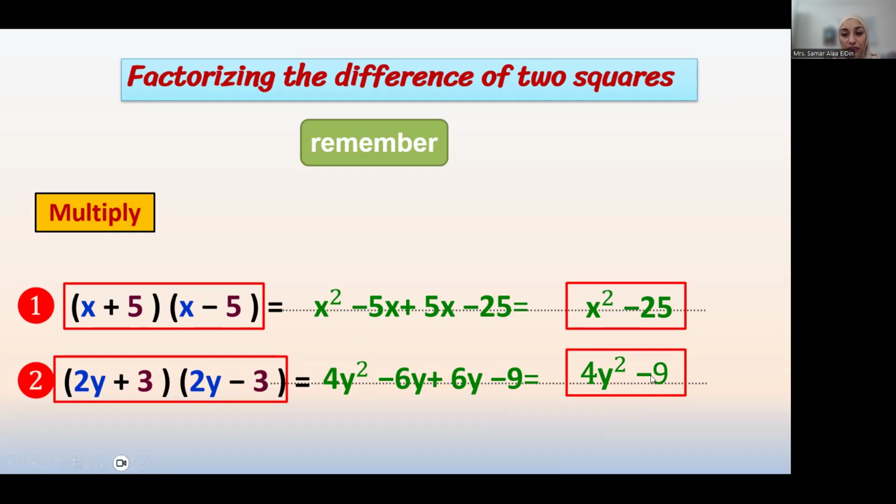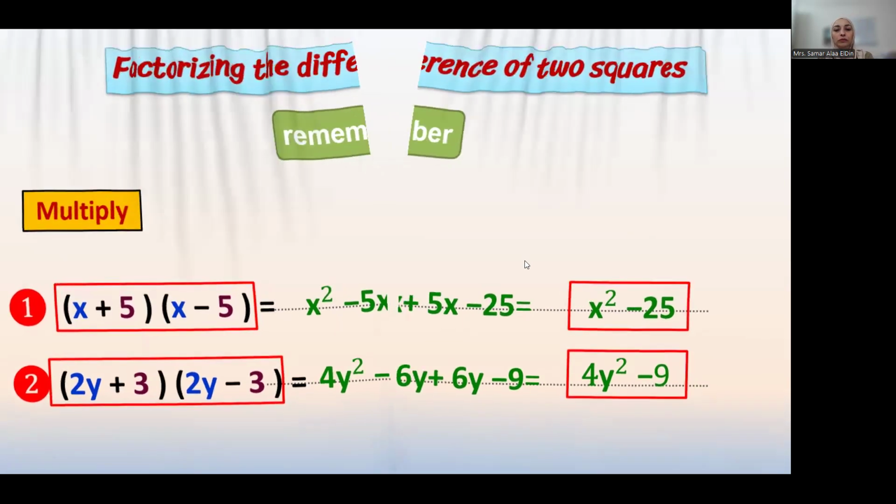So the answer is, first, we multiply the first times the first, 2y times 2y, which is 4y power 2, and 3 times 3, which is 9, and the negative sign is in the middle. Similarly, in the first one, x times x is x to the power 2, 5 times 5 is 25, and the negative sign is in the middle.